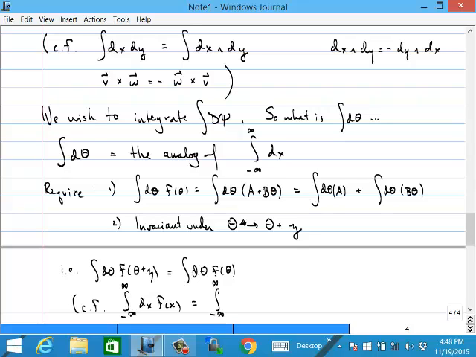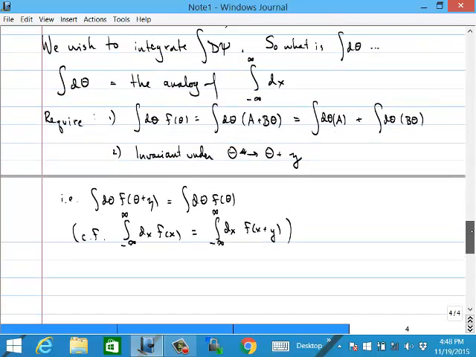And then, because we're doing the definite integral from minus infinity to infinity, this is just equal to the integral dx of f of x plus y. So this is really the statement that you can do a change of variables of your integral, just like you can in normal calculus.